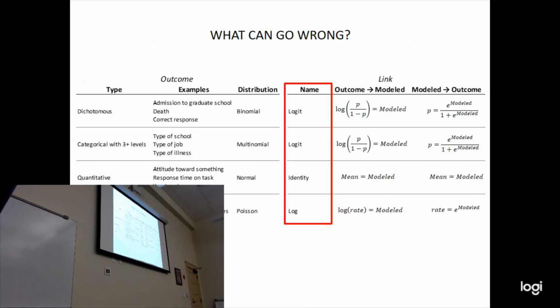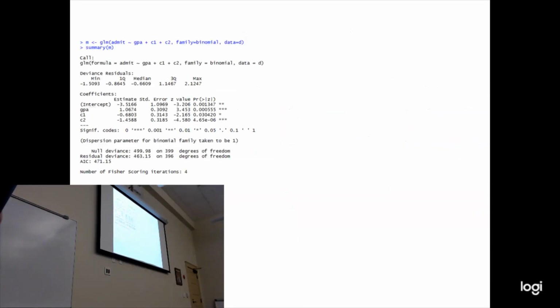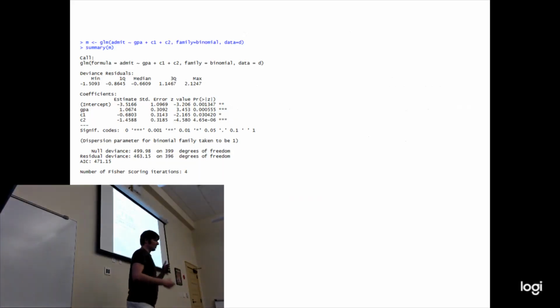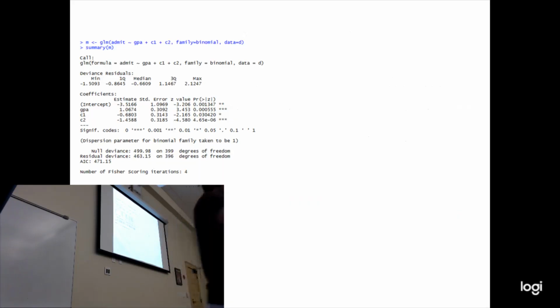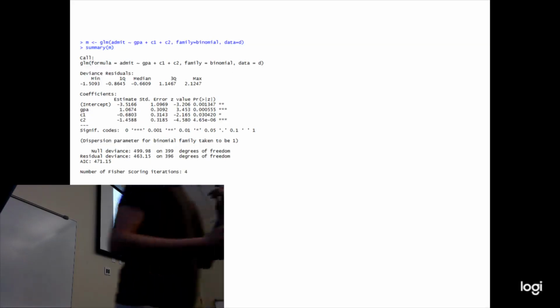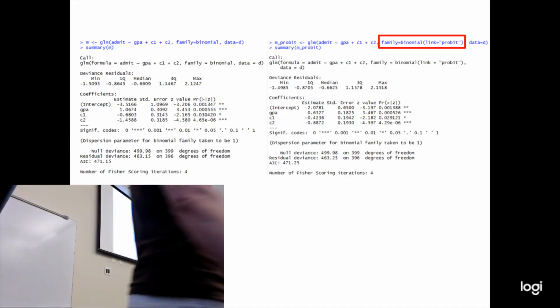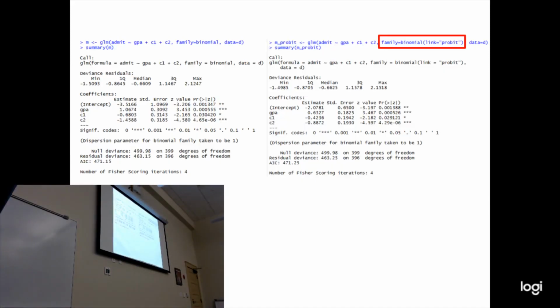Of course, the other thing that can go wrong is the link. It turns out that there are multiple links that can work for a given distribution. We've been working with the logit. In the binomial family, there's also the probit. That's just something that's generally true: there are often multiple choices that are reasonable for a given distribution.